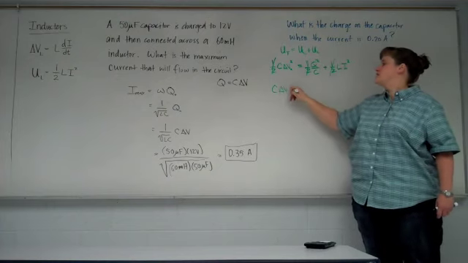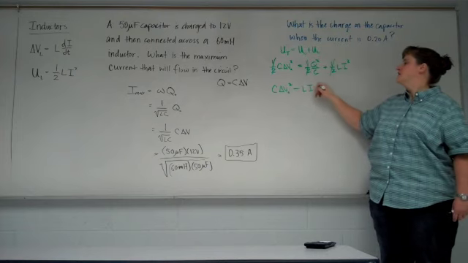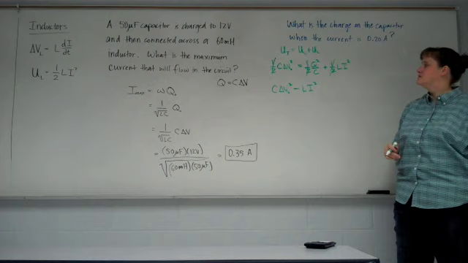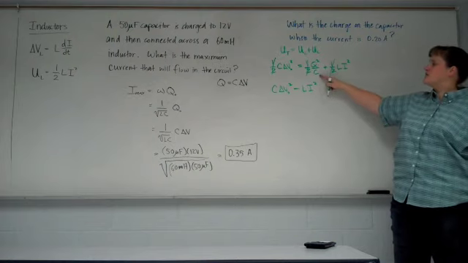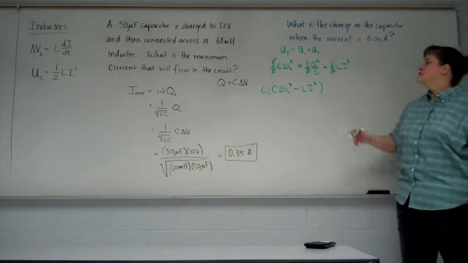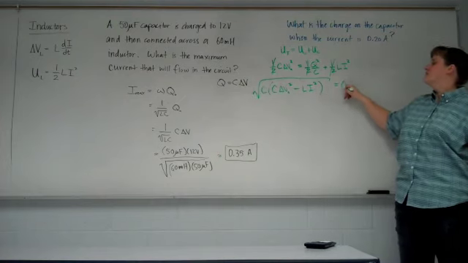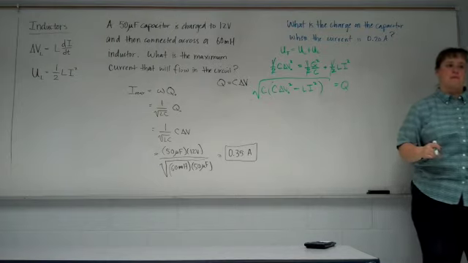C delta V naught squared, let's bring the L I squared over. That leaves us with Q squared over C, so if we bring the C over and square root it, that will be Q.